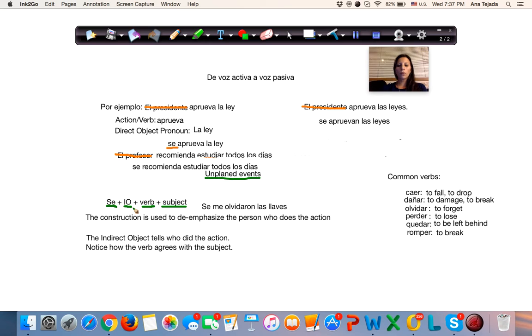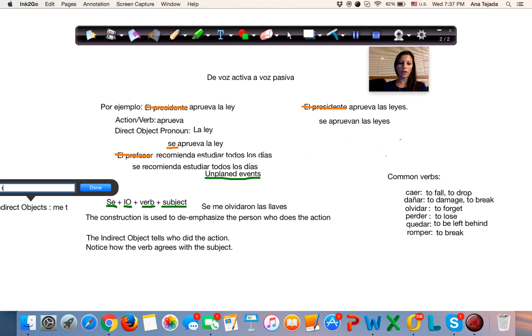Who can remember which ones are the indirect object pronouns? Okay, so indirect objects. We have me, we have te, we have le, we have nos, we have os, and, muy bien, les.